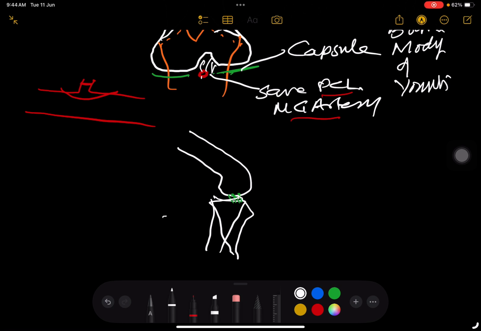ACL will posteriorly sublux this, so you may have to, by a posteromedial approach, parapatellar posteromedial approach, divide the ACL to align it. Alternatively, you can give what is called the Hamilton-Russell traction to correct the posterior subluxation.